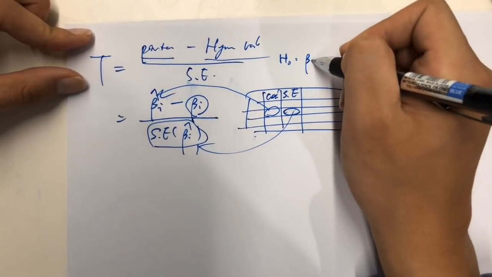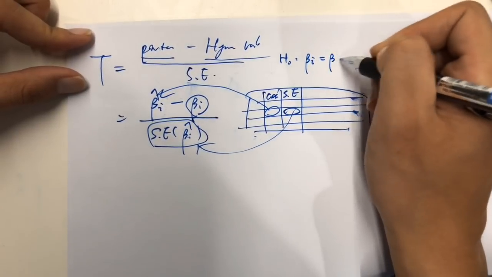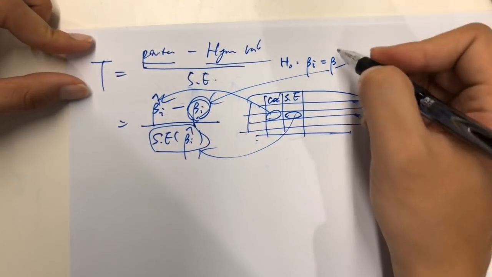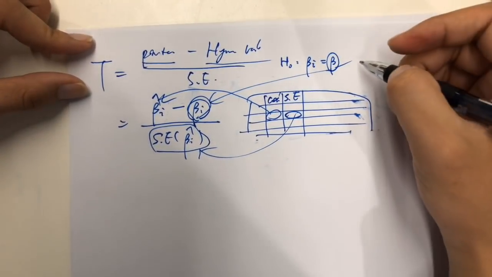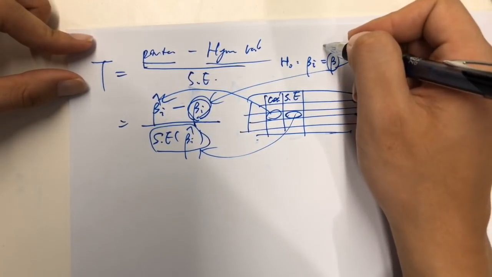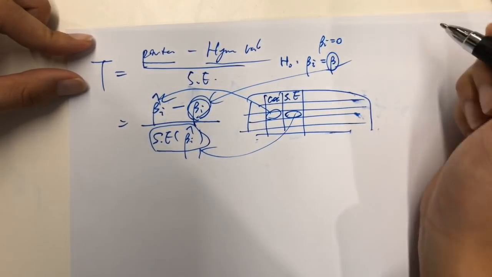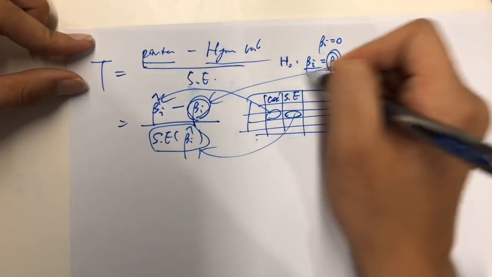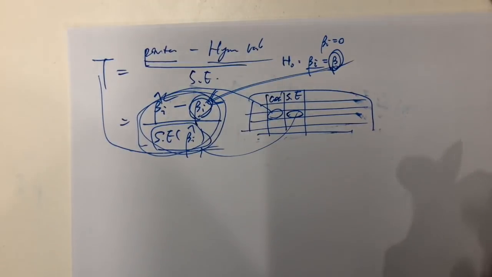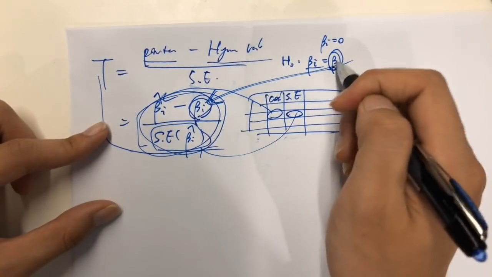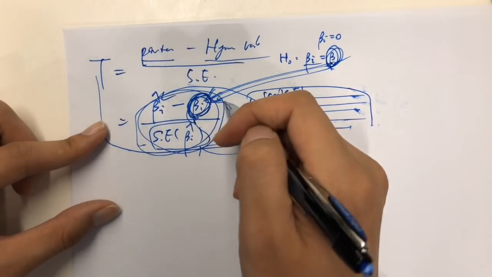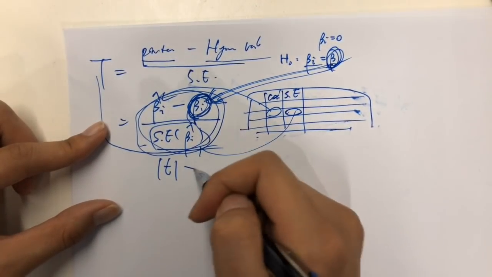Beta I is in your null hypothesis. If your null hypothesis assumes beta I equals something, that is the value you need to plug in. Pay attention: in our previous test, we only talked about beta I equals 0. If beta I equals some other value, you still need to perform this kind of test, just substitute that value instead of 0, and calculate the t.